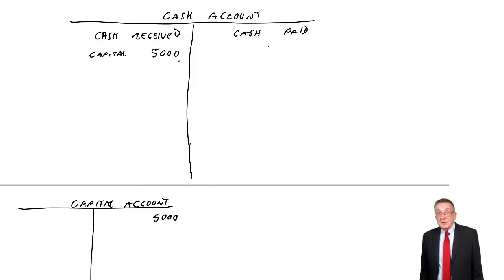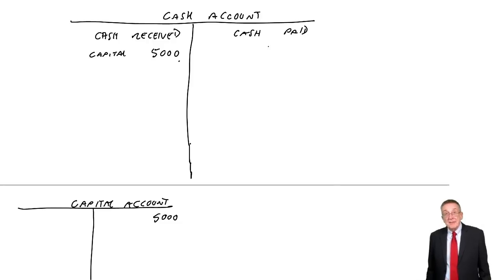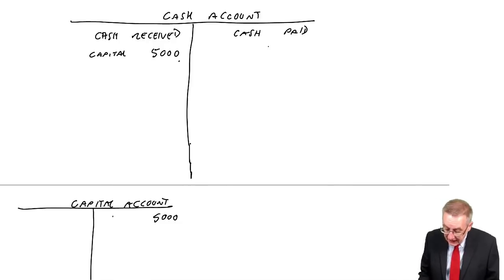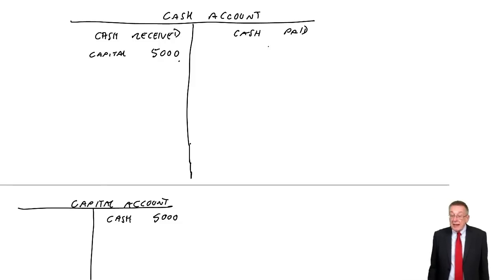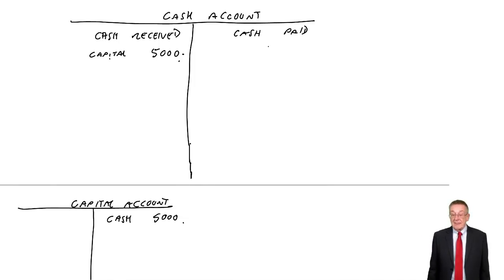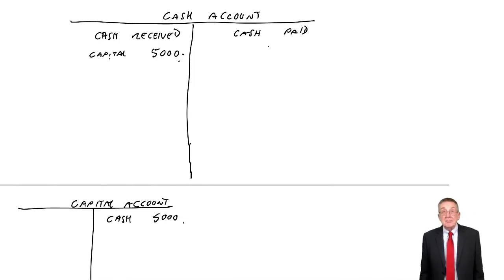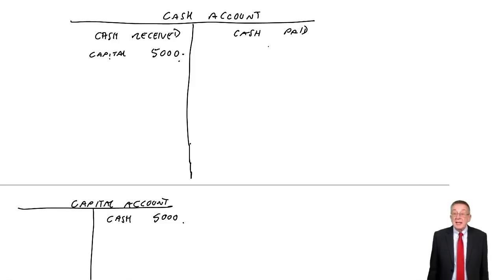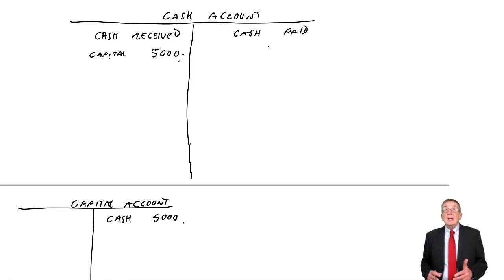In the capital account, we've got 5,000. We write against it cash, so I know the other entry was in the cash account. If ever we needed to check later, where's the other entry for that 5,000? Ah, it's in the capital pages. It'll get faster as we go through these, but every transaction will have 2 entries, on opposite pages.